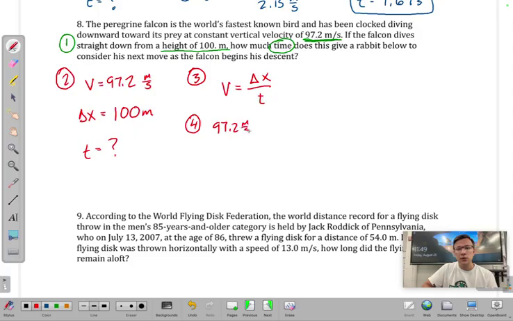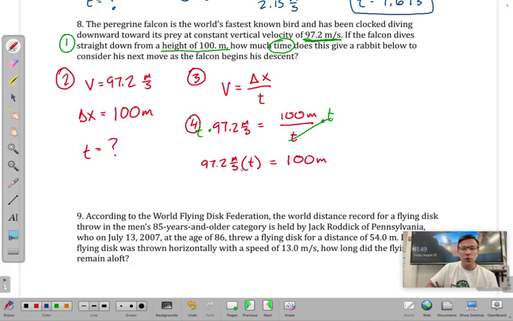97.2 meters per second is equal to 100 meters divided by t. So we do need to multiply by t on each side, right? This is going to get time off of this side. And now what we have is 97.2 meters per second times t is equal to 100 meters.